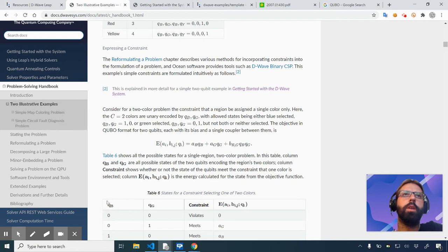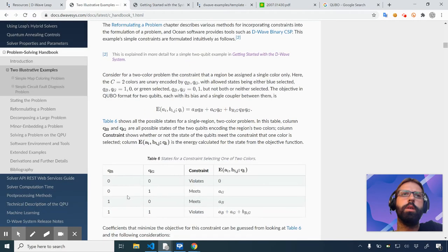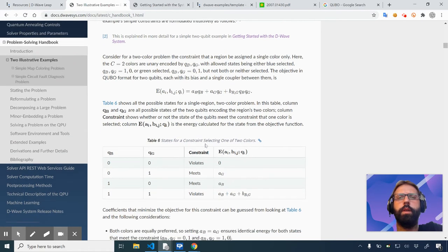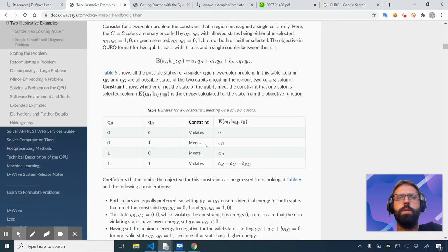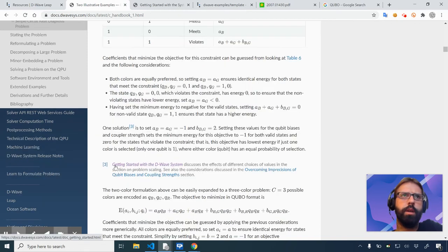Now QB is the color, okay. So, yeah. Violates, I don't know. I don't understand. I mean, I understand what they mean here, but whatever.